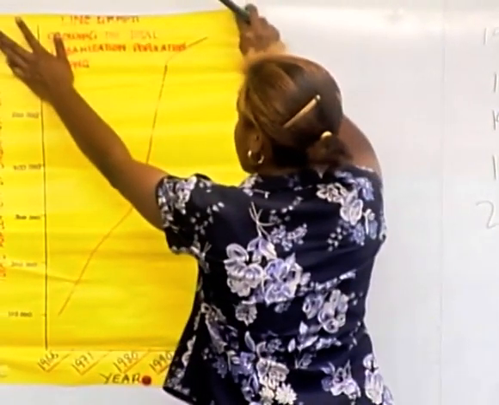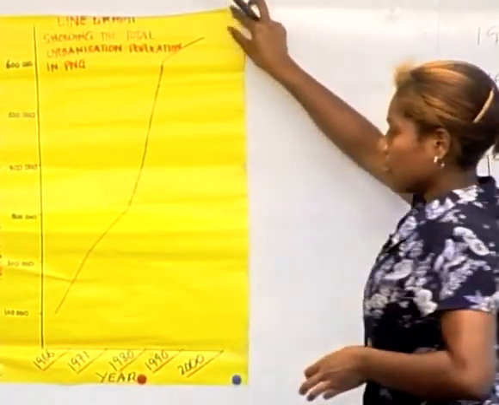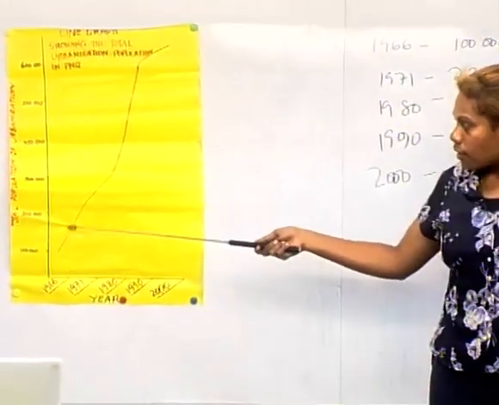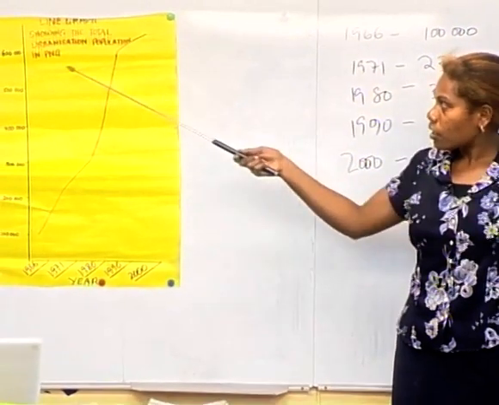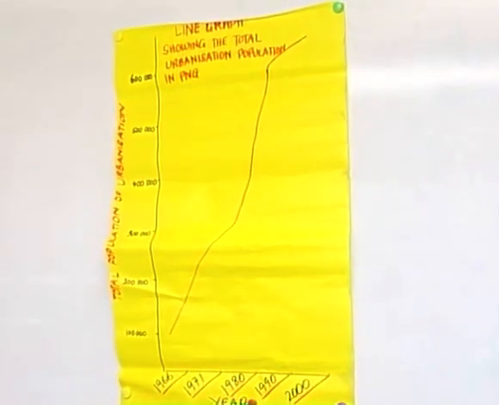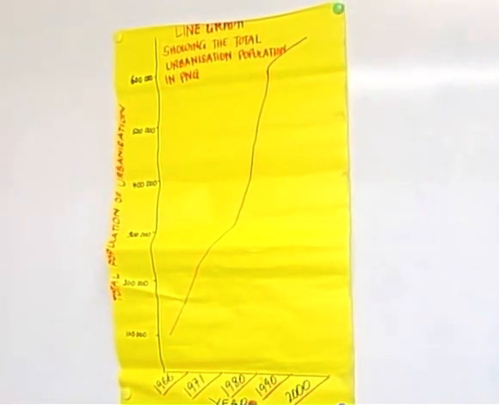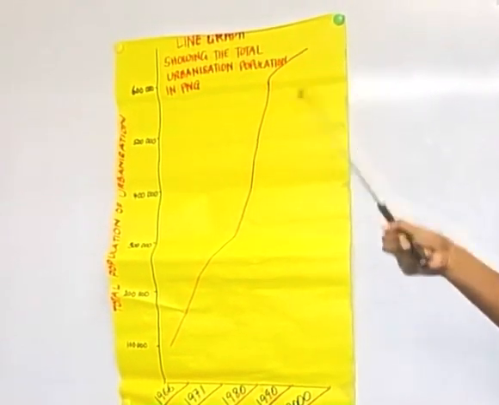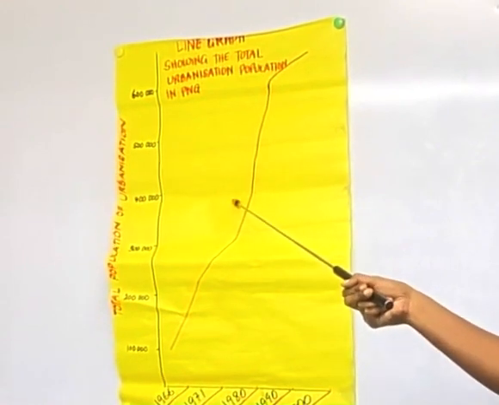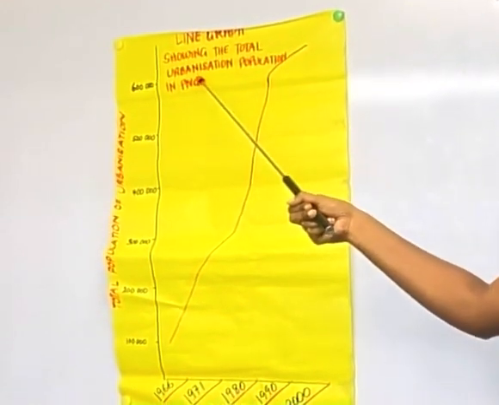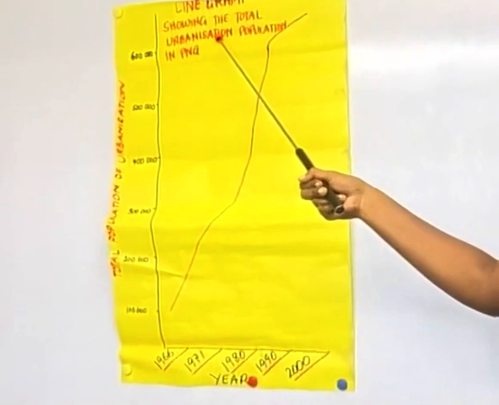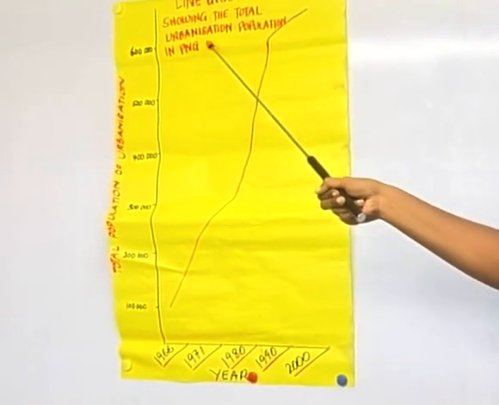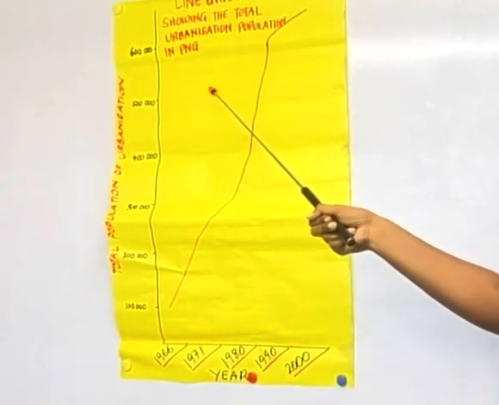And then once I've done that, I joined these dots. Can you see? The last bit, 2000, was 686,300. My title for my line graph is showing the total urbanization population in PNG.